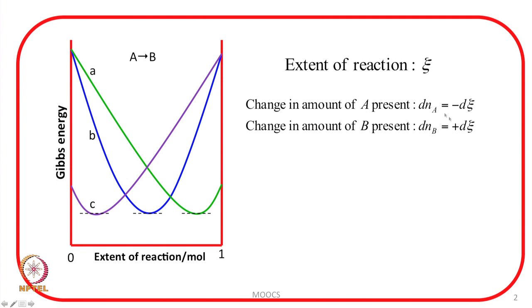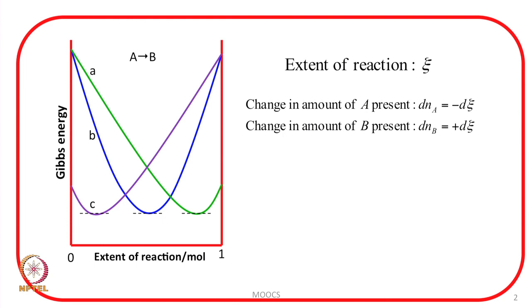Please note that this minus sign indicates that A is being consumed in the reaction, or in other words the concentration of A is decreasing in the reaction, that is why negative sign. And change in amount of B, now B is being formed, therefore we will write this as plus d xi. So, the meaning of this negative sign, meaning of this positive sign should be very, very clear. Negative means reactant and positive means products.